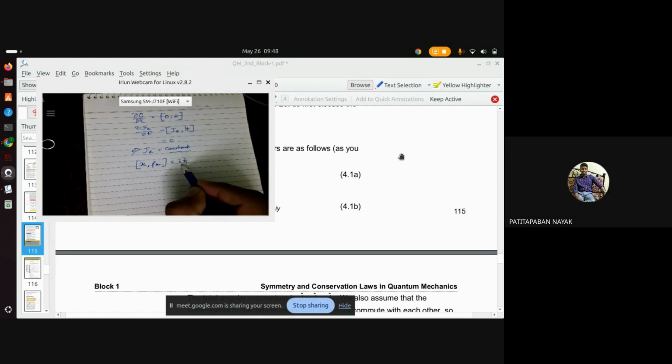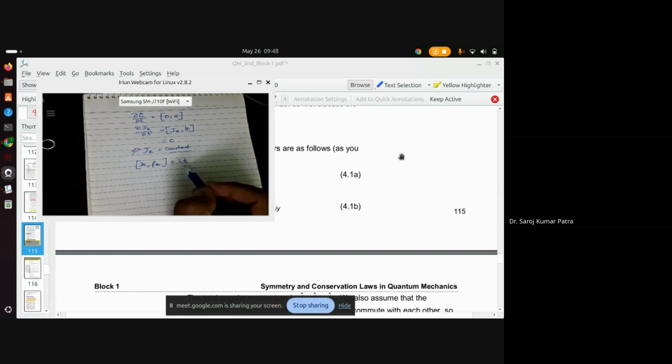Sir, I think what you were asking previously means that if the commutator is 0, then we can know the value of them accurately. If the commutator bracket is 0, then we can detect both of the observables simultaneously.